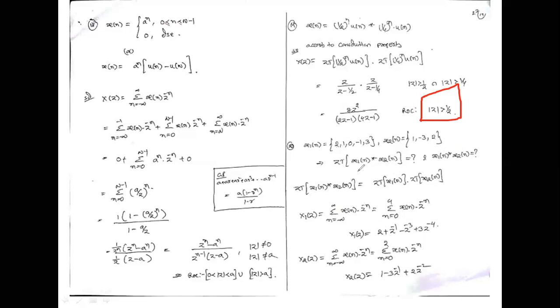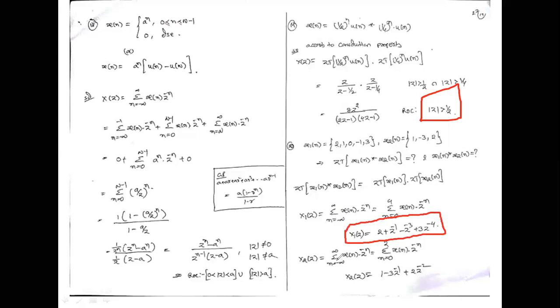N is 1, the value is 1, so z power minus 1. N is 2, the value is 0. N is 3, minus 1, z power minus 3. And n is 4, 3 z power minus 4. After that we got the equation for X1 of z.